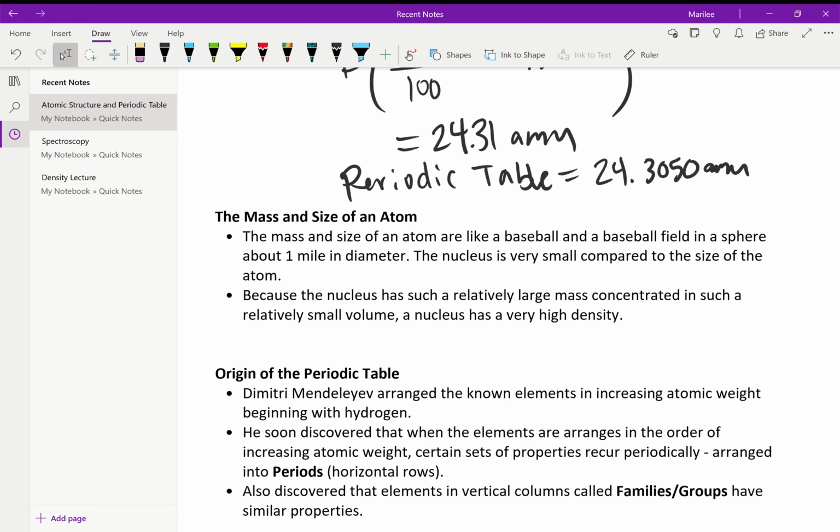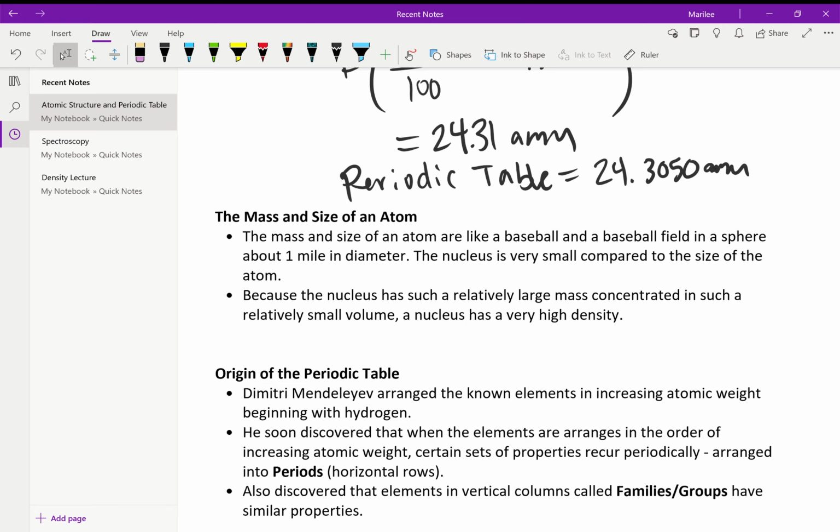Okay, the mass and size of an atom. The mass and the size of an atom are like a baseball and a baseball field, but imagine the field in a sphere that's like 1 mile in diameter. So the baseball is extremely small compared to the field, right? That's like the nucleus.